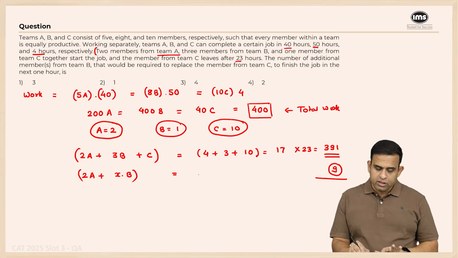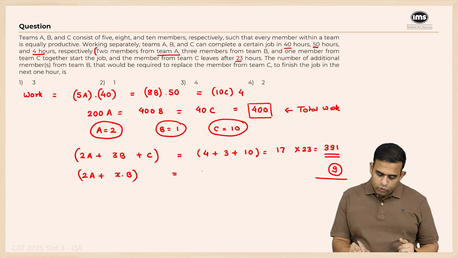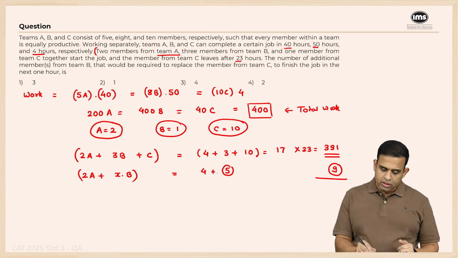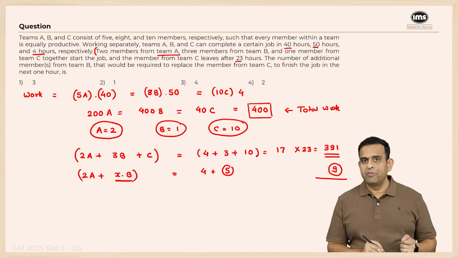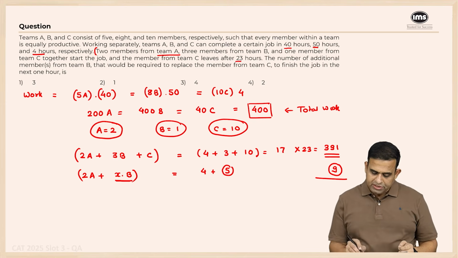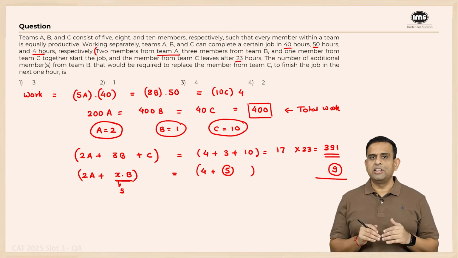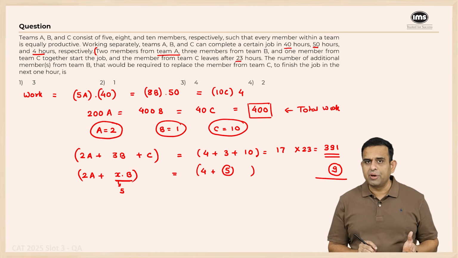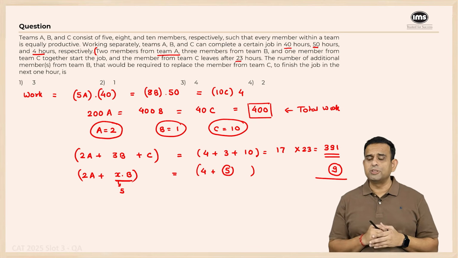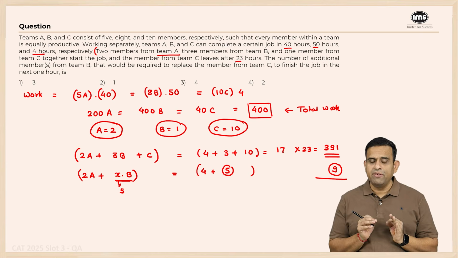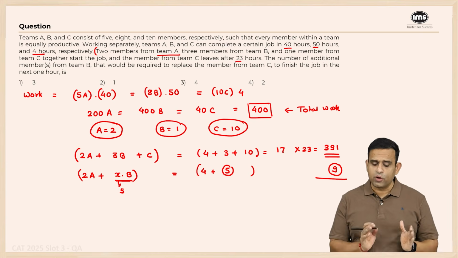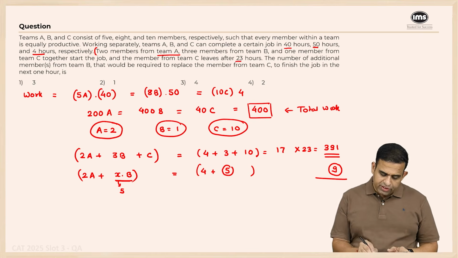Out of that, the 2 people of team A will do 4. So I need 5 work to be done by the members of team B, and that would mean you need 5 people. So after the member of team C has left, to complete the work in the next 1 hour, you need a total of 5 members of team B, but you already have 3 members.